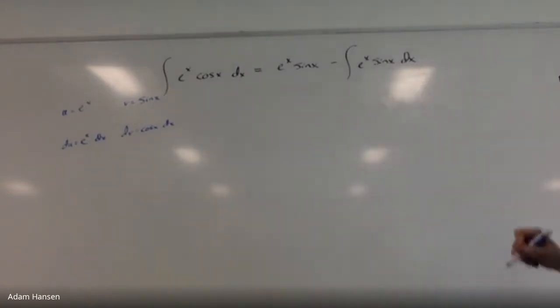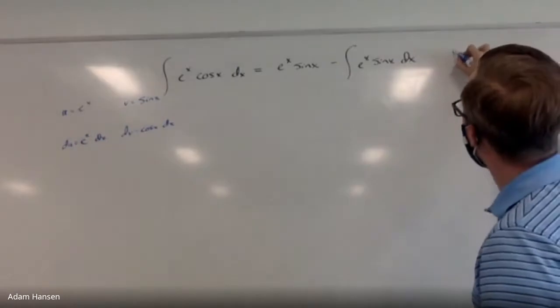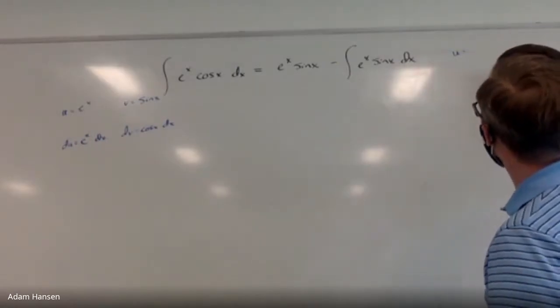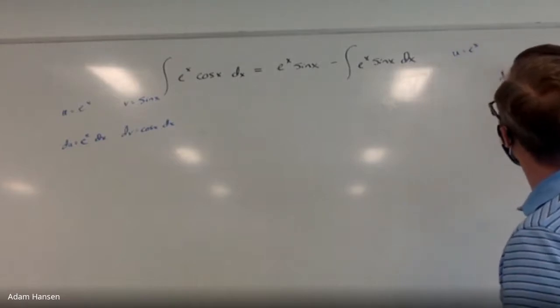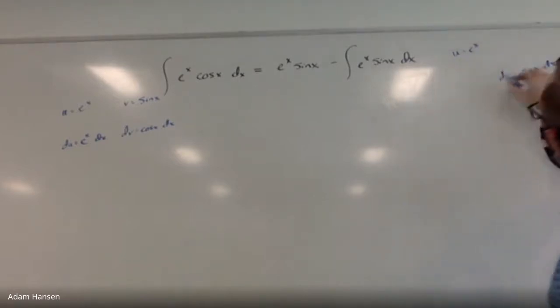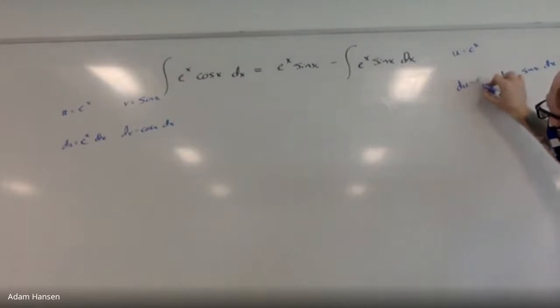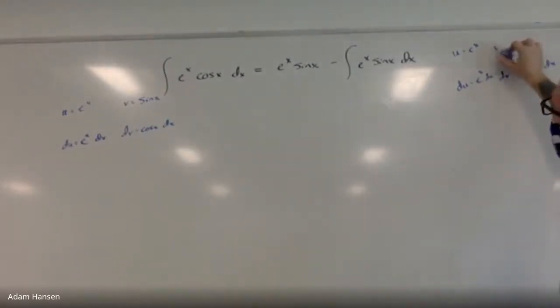So as we did earlier, let's set up another u and dv. Let's just try the same thing: u equals e to the x, dv equals sine x dx. So du is another e to the x dx. And v is, what is the antiderivative of sine? The cosine.